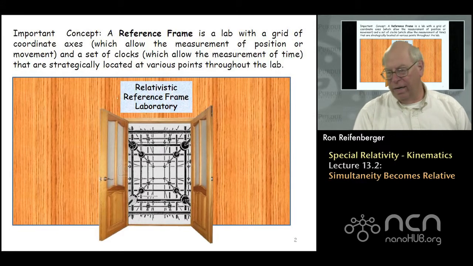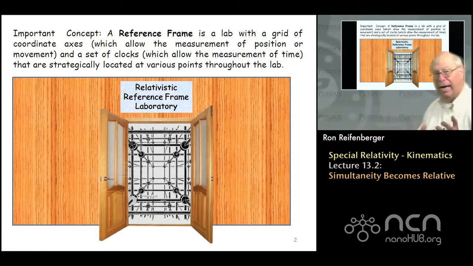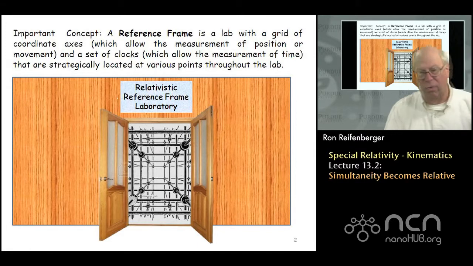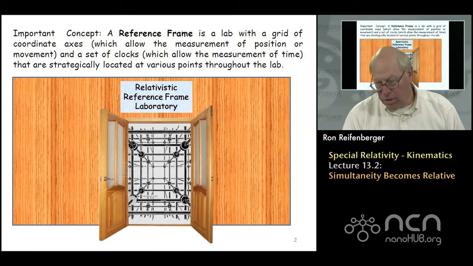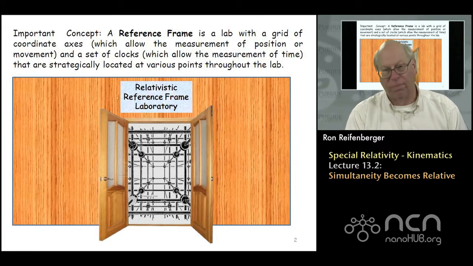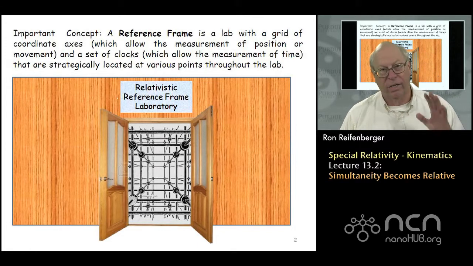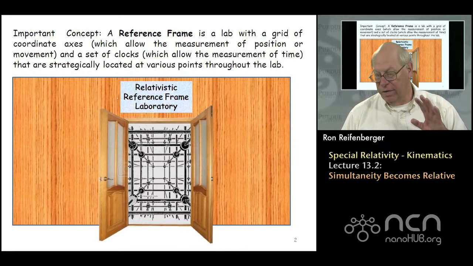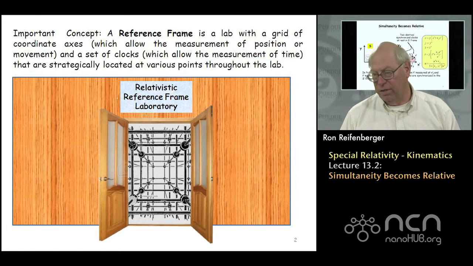We assume that you can make those measurements easily, maybe not in your own home, but by going to a lab that's equipped in this way. That's an underlying assumption in these entire discussions of special relativity that you should be aware of.